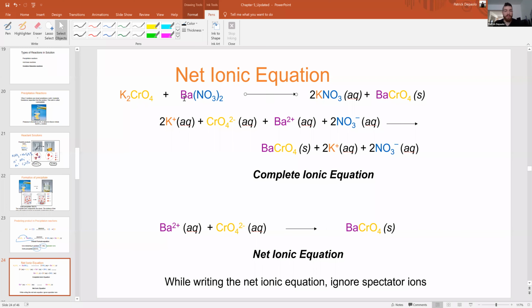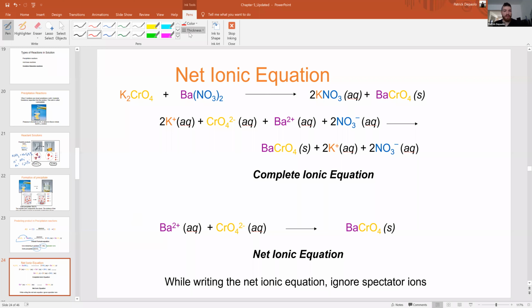Basically, you add A and B, and you flip their cations, you balance it, and you get this. Then, if you break that apart, you can get your complete ionic equation, which is another thing that I expect you to know, which is probably the most difficult one.